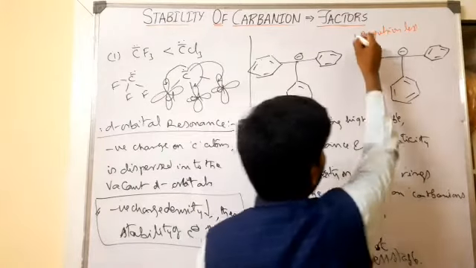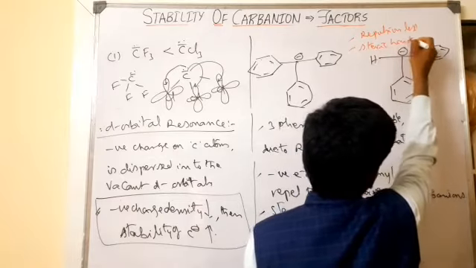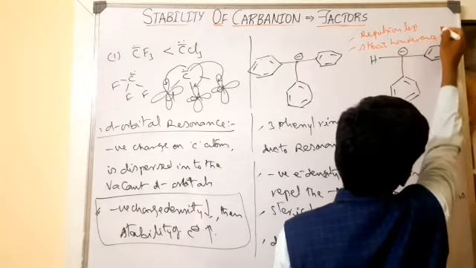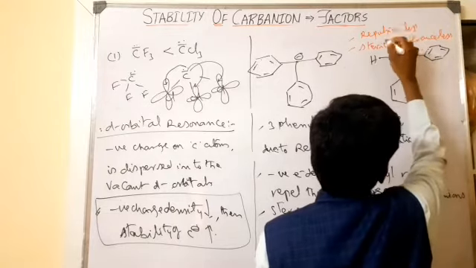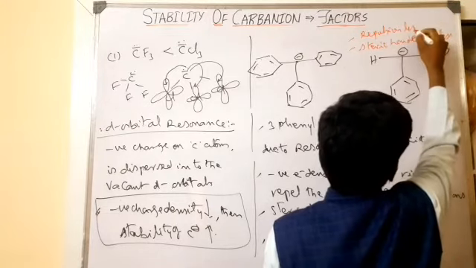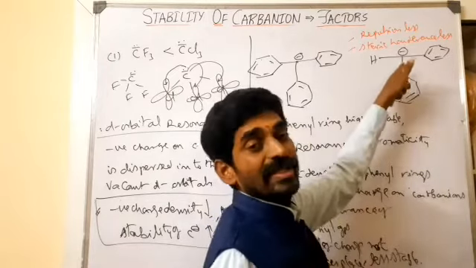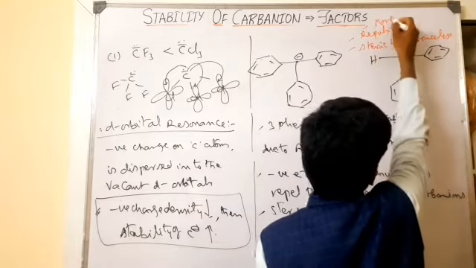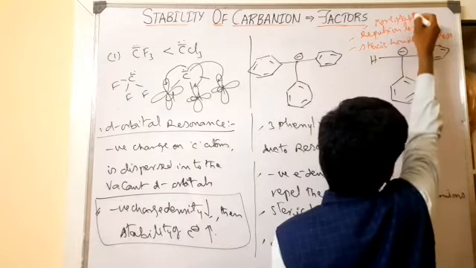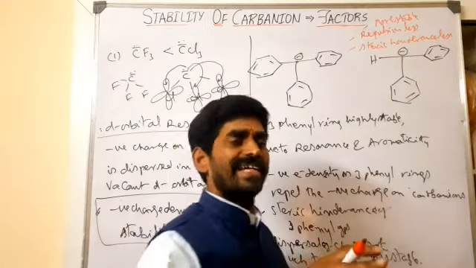So because steric hindrance is less and repulsions are less, the stability of this molecule is more. So it is somewhat more stable. There is somewhat more dispersal of charge compared to here.